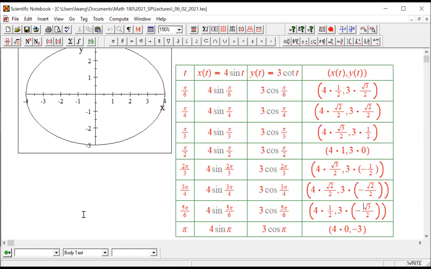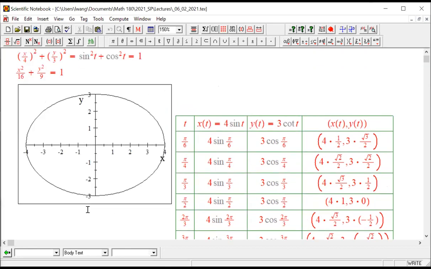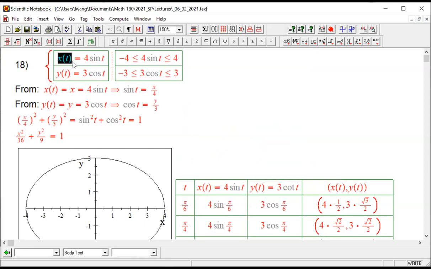And in all of these cases, we can convert it to a rectangular equation, but this cannot always be done so easily. I want you to understand that, because imagine that x of t can get really complicated, y of t can get really complicated, and there are a lot of situations where you cannot easily convert it, if ever.